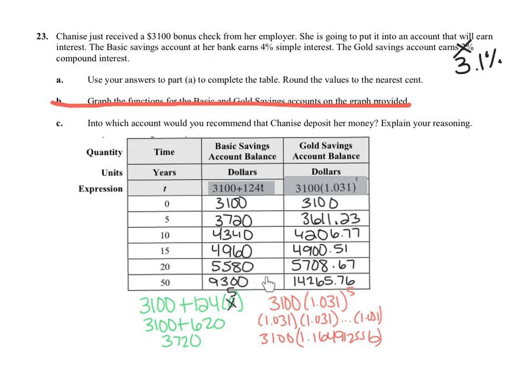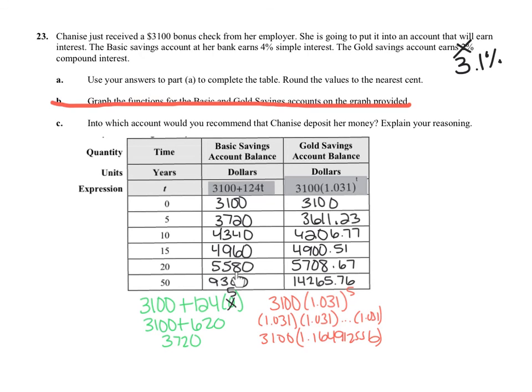Okay, so here's all of the table filled out. Here is your simple interest account, and here is your compound interest account. So to answer this final question, into which account would you recommend that Shanice deposit her money, you would need to look at it and see that from 0 to 15 years, the basic savings account has more money.